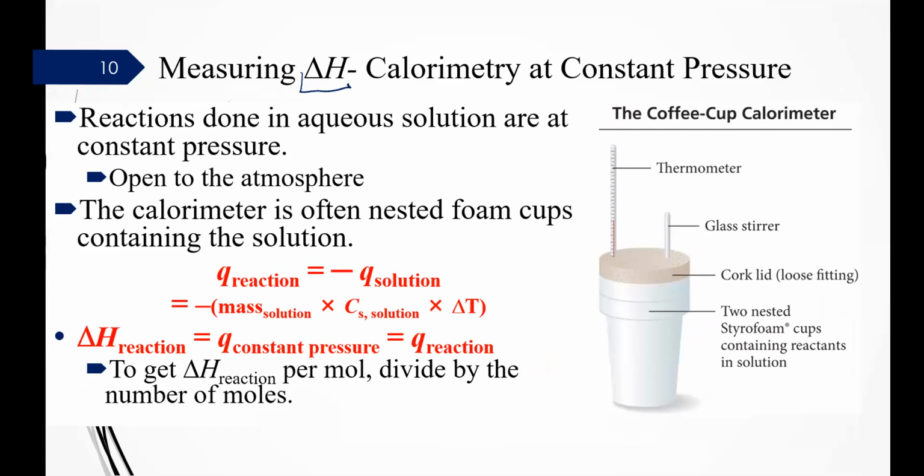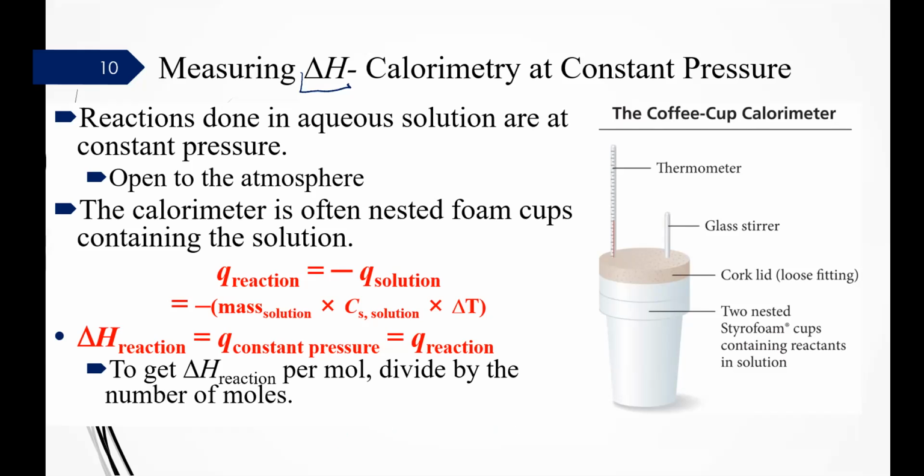If we use the same technique, calorimetry, but do it at constant pressure, our enthalpy and our heat are going to be equal to each other, because enthalpy is our heat plus our pressure times our volume, but our pressure is constant. So we don't have to worry about the second term, and all of that energy is instead being released as heat in that change.